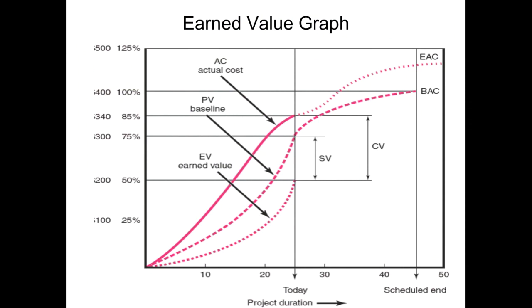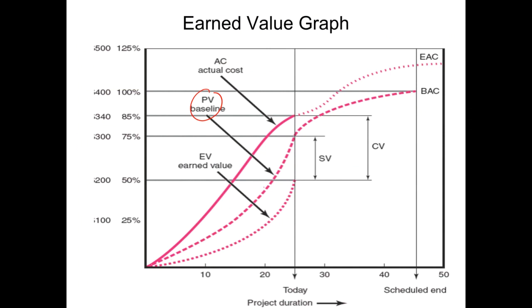In terms of earned value, very often we indicate the progress made on a graph, and there are certain terms which we indicate. The first one which we will see is the PV line, and this is the planned value.